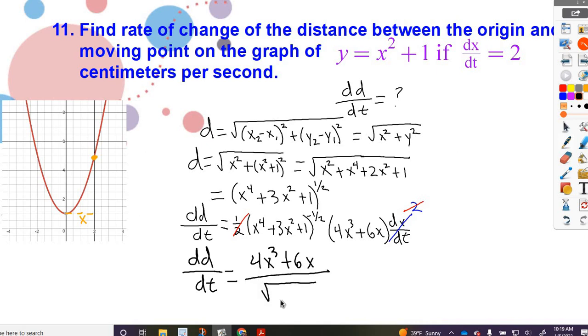And this becomes the square root of x to the 4th plus 3x squared plus 1. And if they then said add a specific x value, you can plug that in. In this case, they don't, so I'm just going to leave it like that as the rate at which the distance is changing. You would need to know a specific x value to be able to get an actual number there. Questions on that?